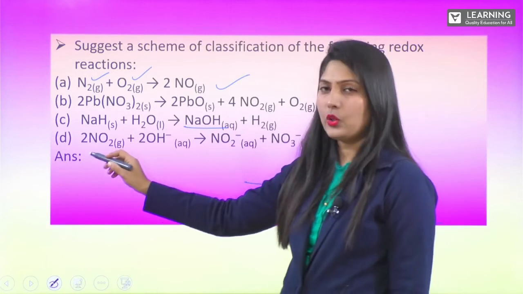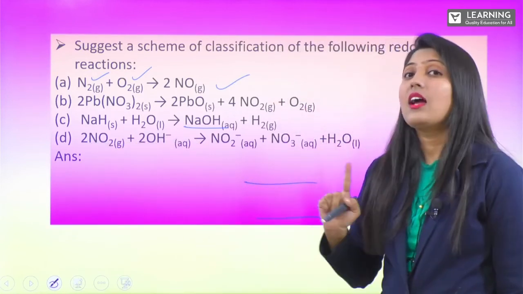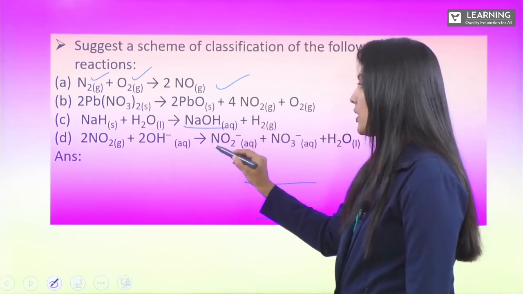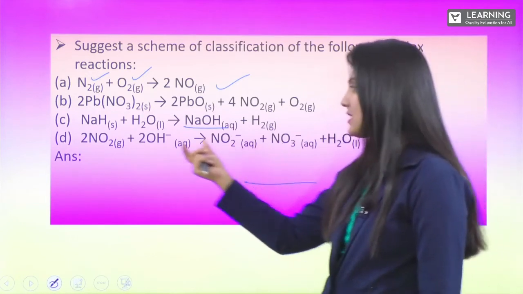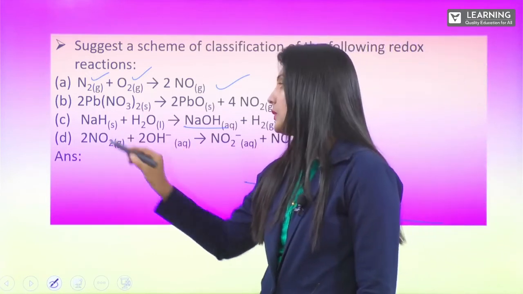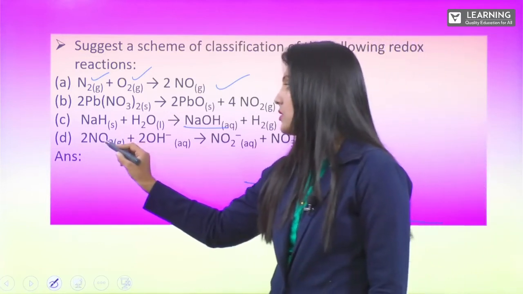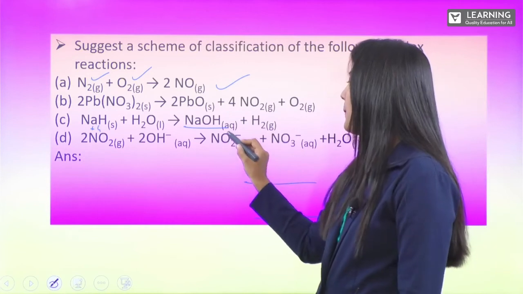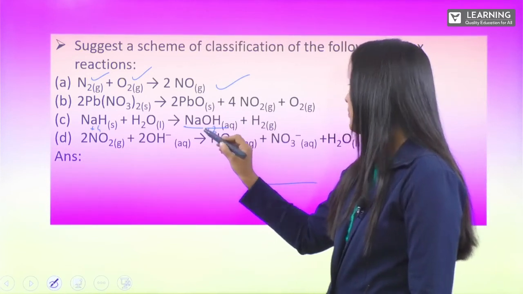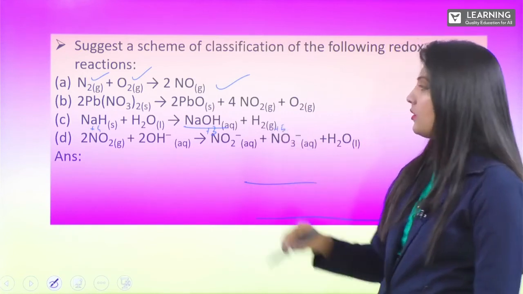The fourth one is we have NO2 which is reacting in the alkaline medium to give NO2 minus and NO3 minus. By seeing this itself, you can understand the reaction is disproportionation reaction, because here it is plus 4 nitrogen, here it is plus 3, here it is plus 5, right?